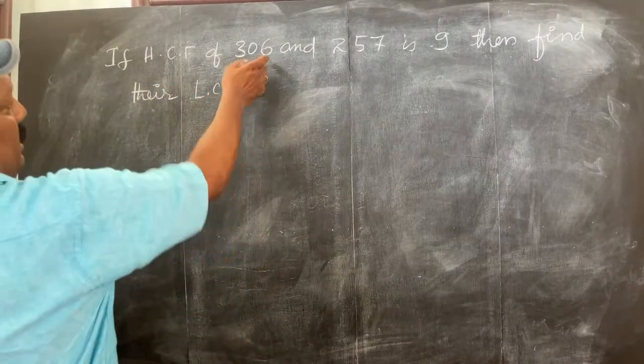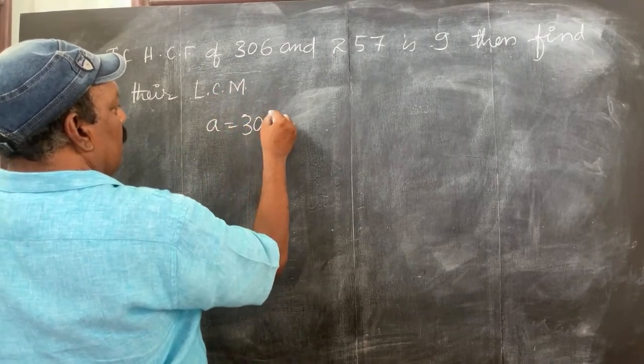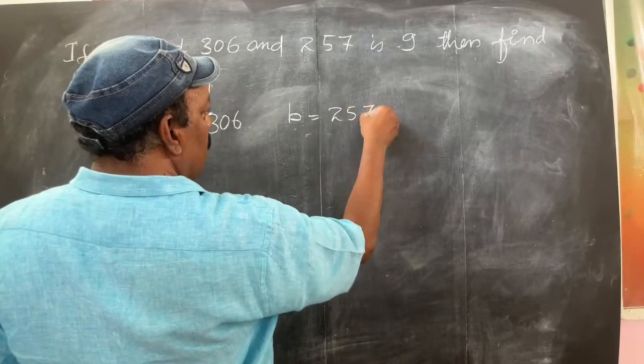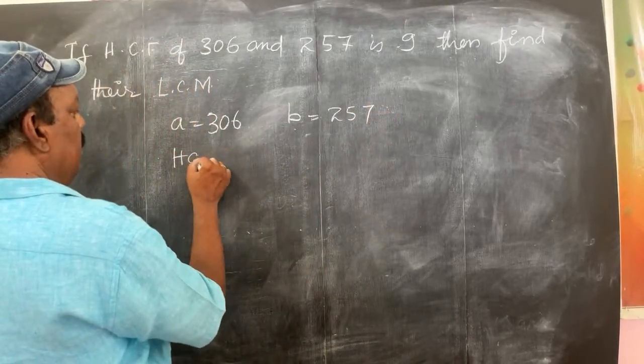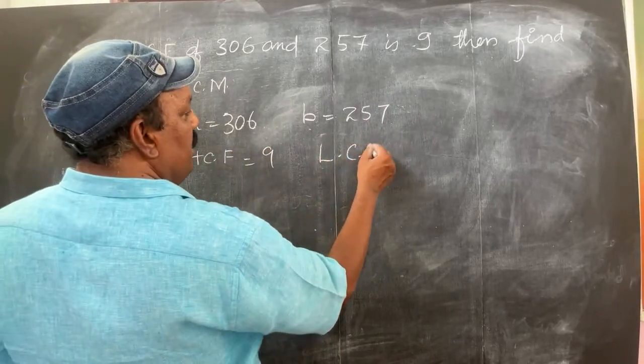He is given two numbers. That means A is equal to 306 and B is equal to 257, and the HCF is equal to 9, and we are asked how much the LCM is.